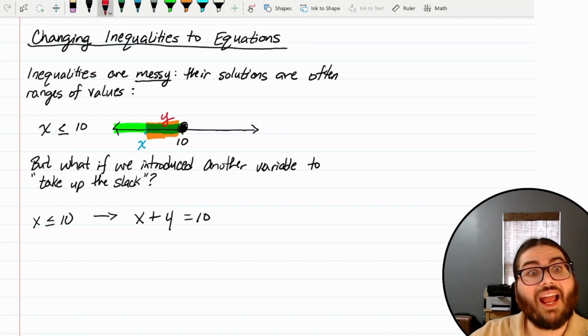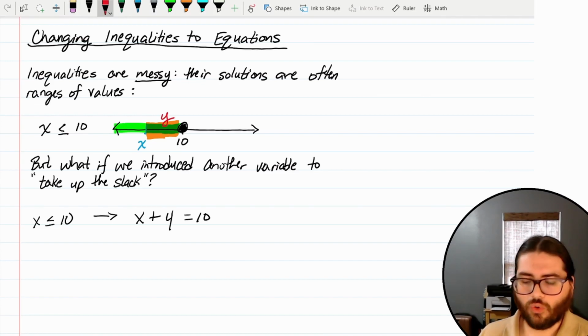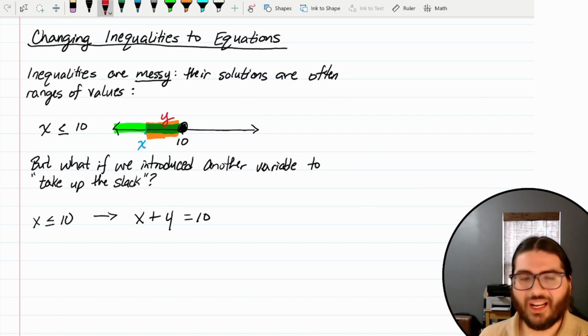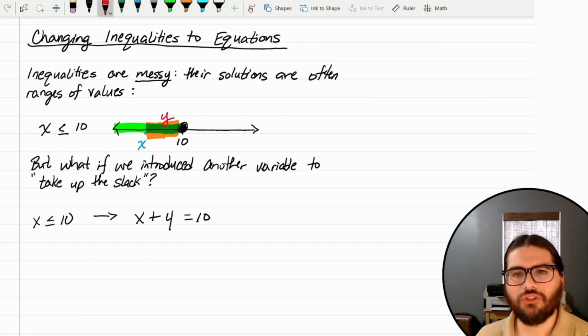That's the slack. And so if I have x plus y equals 10, that's something I can actually work with. I could graph a line in 2 dimensions, but again, the whole reason we're doing this is to get away from the graphical ideas. So I won't do that.